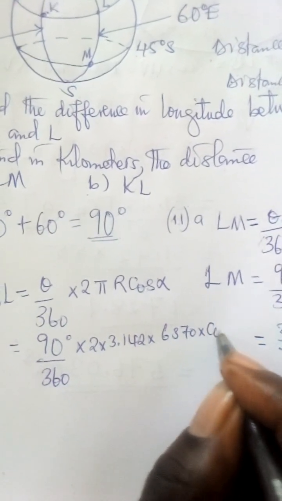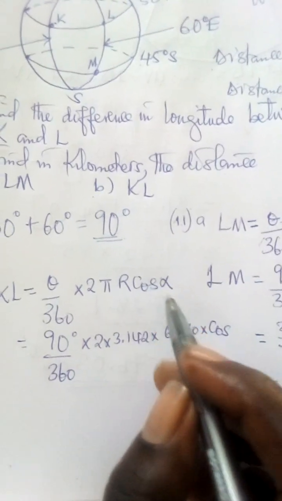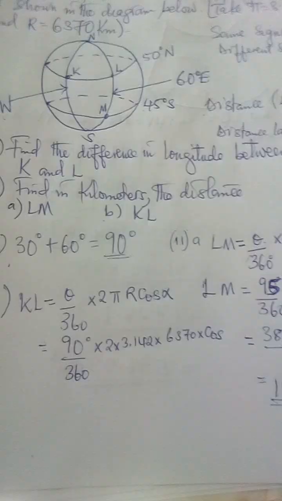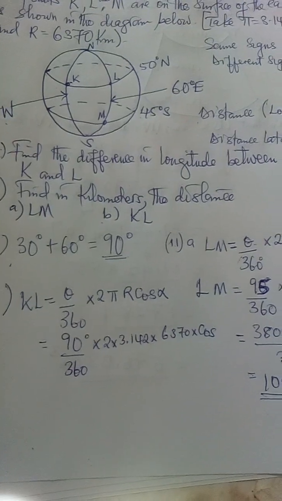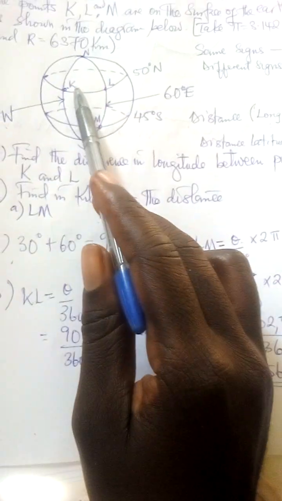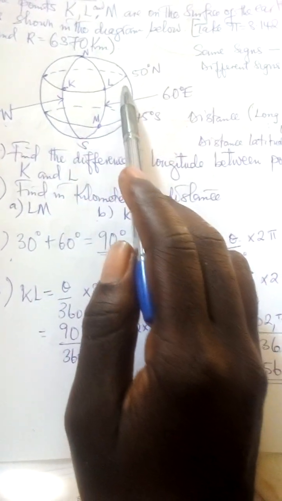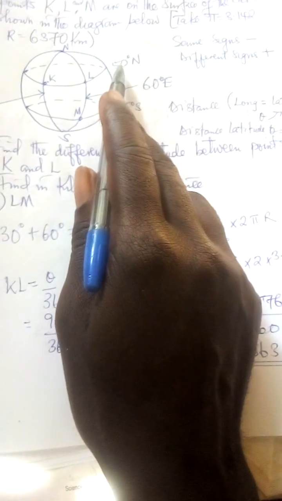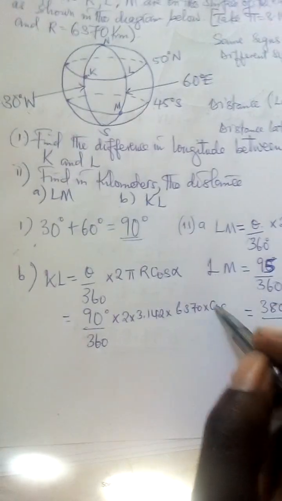6370 times cos alpha. Now this cos alpha is the latitude on which these points lie. When you check K and L, they are using the common latitude. So where there is alpha, you put the common latitude for the two places, which in this case is 50.